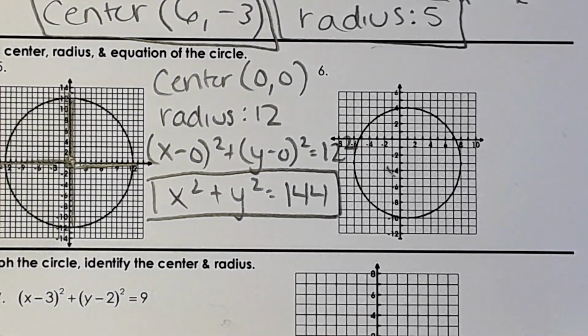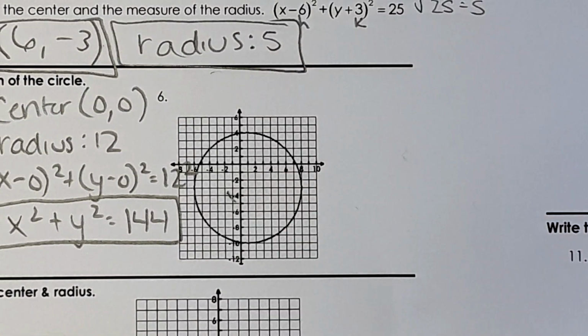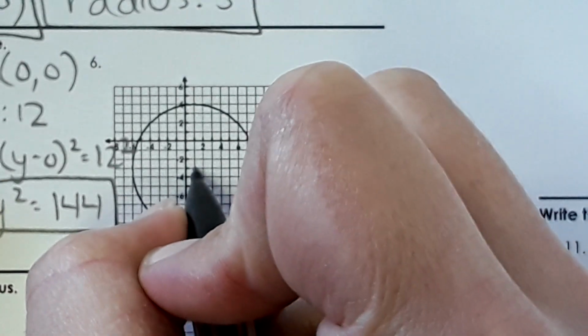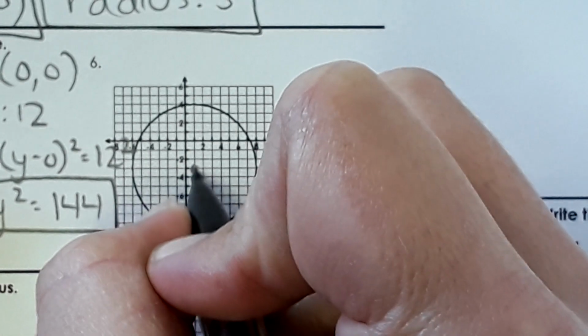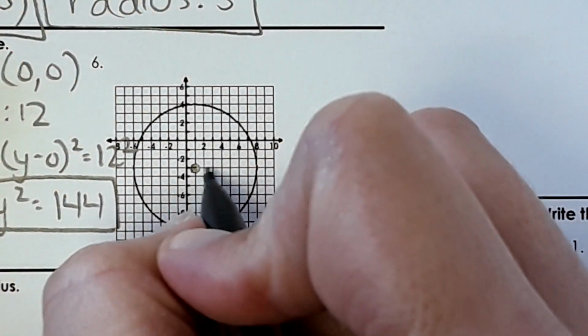Okay, next. Number 6, same thing, we're going to eyeball it to try to figure out the middle, and then just check to make sure that is the middle. I think it's right there, and then just count the units to make sure.